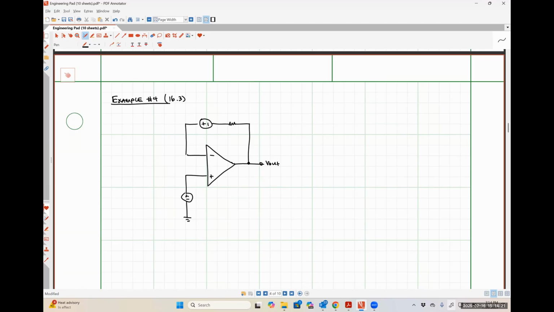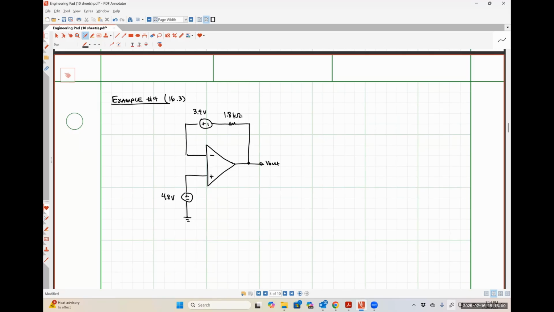And let's see, let's make this guy over here 4.8 volts, this guy 3.9 volts, and this guy 1.8 kiloohms. So essentially, if we have a voltage source in our feedback path, then it makes it harder to apply KCL at our inverting input node. Okay. So we're going to have to do something else.